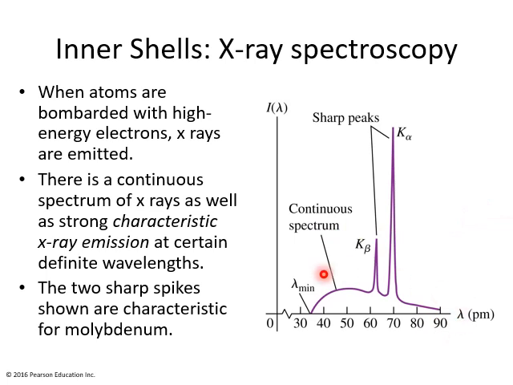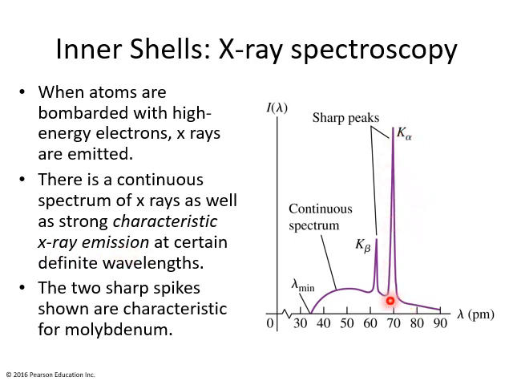We get a combination of things in the spectrum. There's a continuous spectrum that is the result of what's called braking or bremsstrahlung radiation, due to the electron accelerating or decelerating in the system. But then, in addition, there are strong emission lines that are called the characteristic X-ray emission lines.